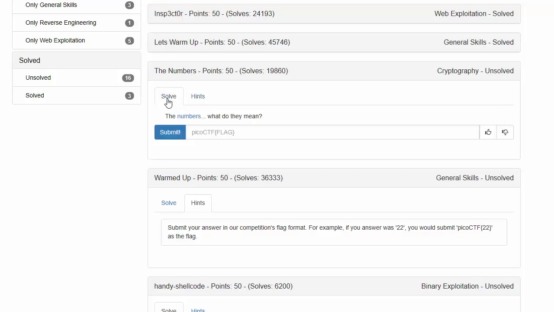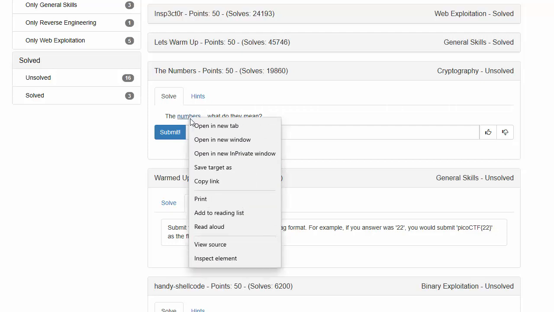But for now, we're just going to open the numbers here and open it in a new tab. So we have an image with a bunch of numbers, right? But even without knowing anything about cryptography, we have a lot of clues here as to what we're looking for.